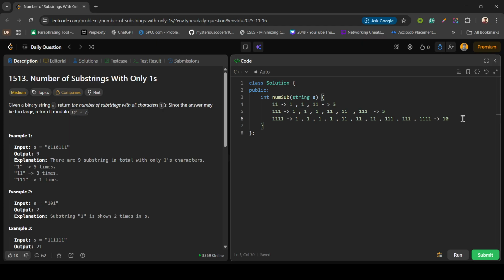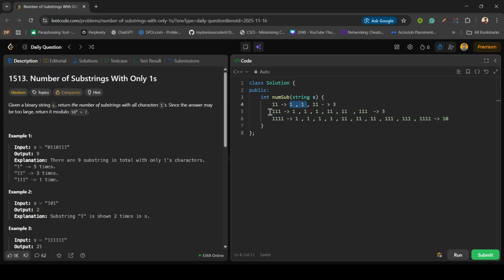See, 10. So if we observe the counting, we can obtain a relation. If the count of 1 in a substring is 2, then the answer is 3. How? Because it is 1 plus 1 and plus 1, which is 3, right? So 2 times 1 and then 1.